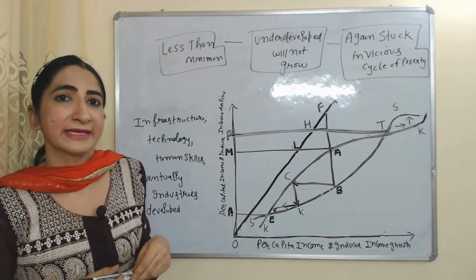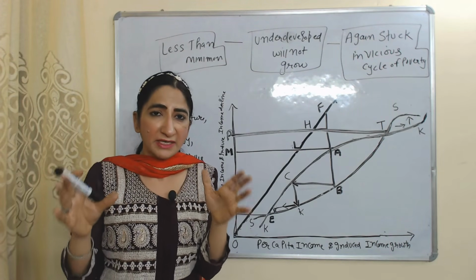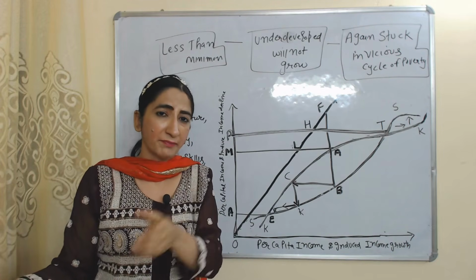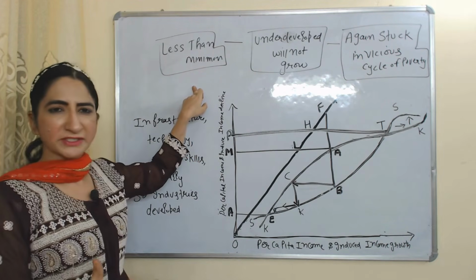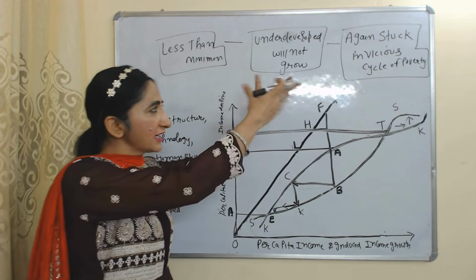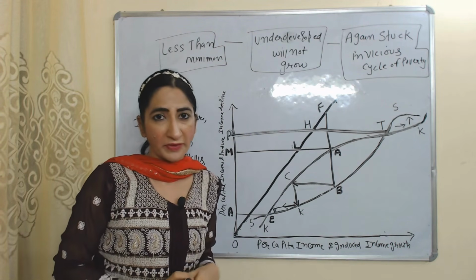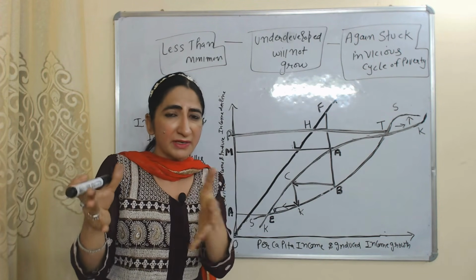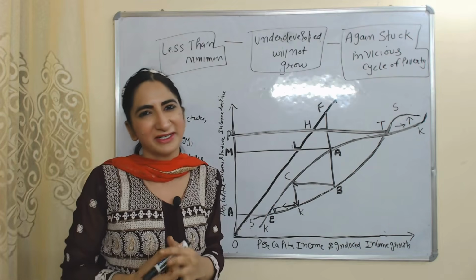So we can say that a critical minimum level of investment is necessary for growth of an underdeveloped country. But if they do investment which is less than the minimum investment, then they will not grow and again get stuck in the vicious cycle of poverty. But if they do investment that is equal to the critical minimum level of investment, then they will definitely grow.